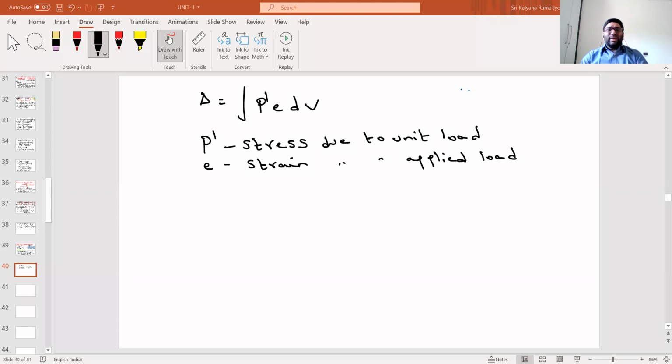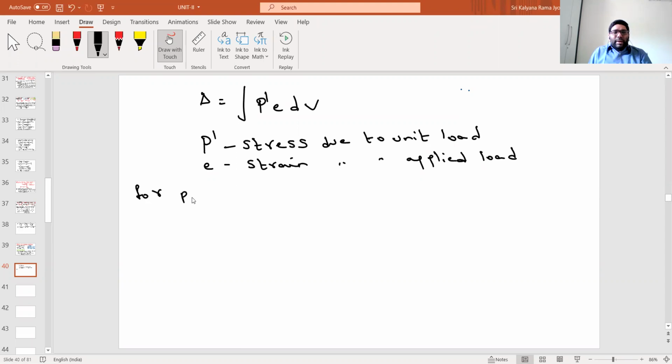Now, for example, if you are trying to take the pin jointed frame, there is only one stress, that is direct stress, that means normal stress due to the application of vertical load or horizontal load. So this stress, when we put it, we are integrating it with respect to volume.